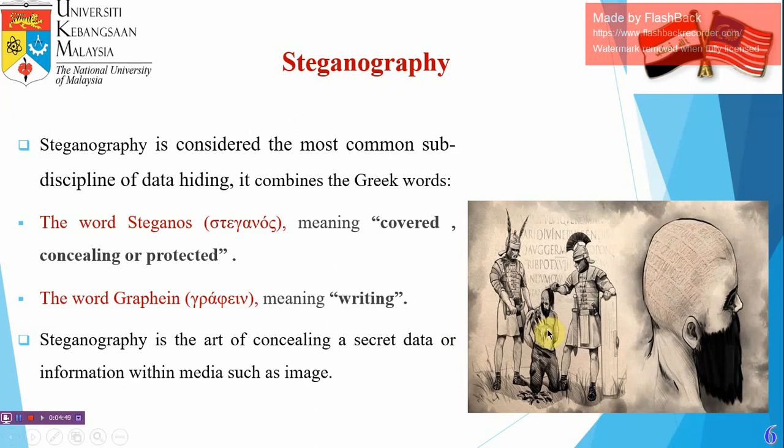He came up with the idea of making a tattoo on the scalp of his slave after shaving his hair, as we see here. Then, after his hair grew again, he sent him to the son-in-law, where the hair hides the message on the scalp of the slave.